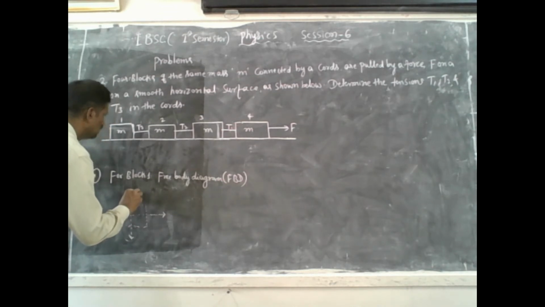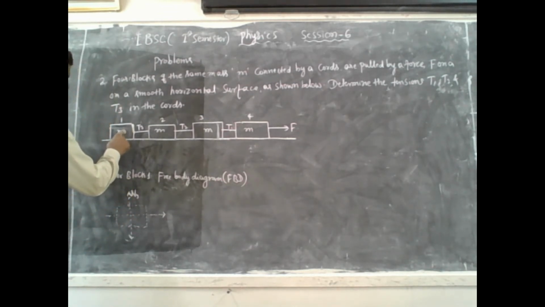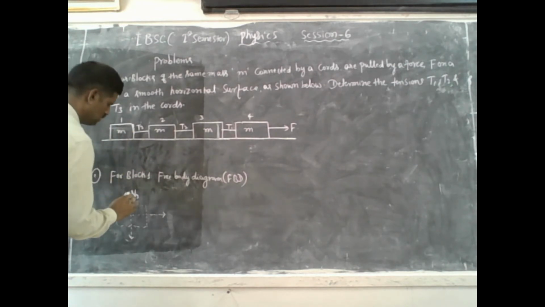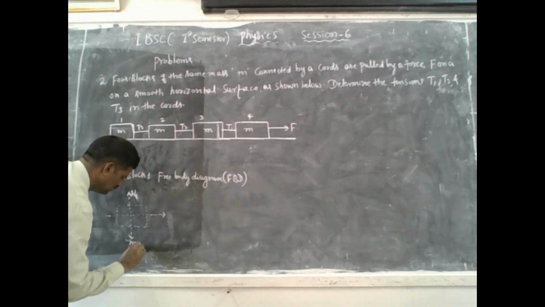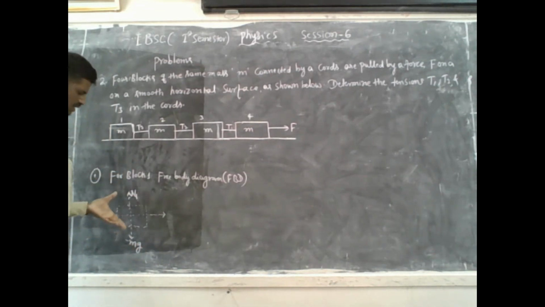So this is mass 1. Here is N1, and here is mg. According to Newton's third law, action and reaction are equal in magnitude and opposite in direction, isn't it?